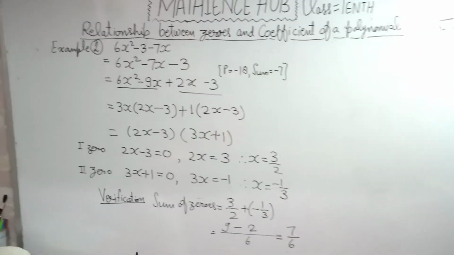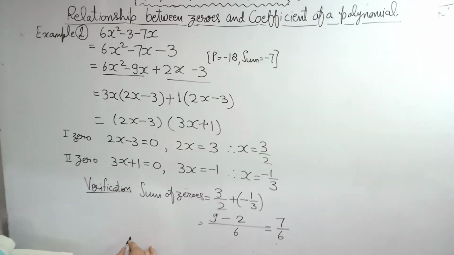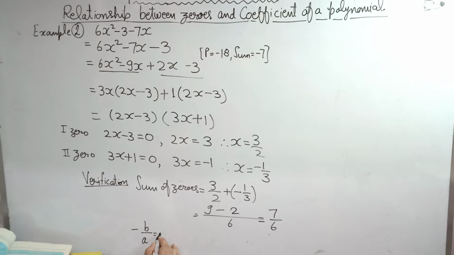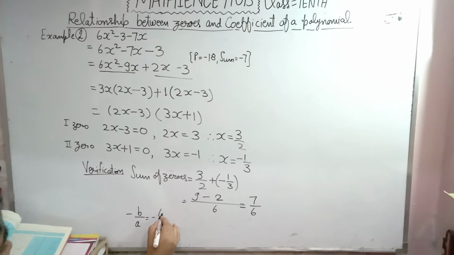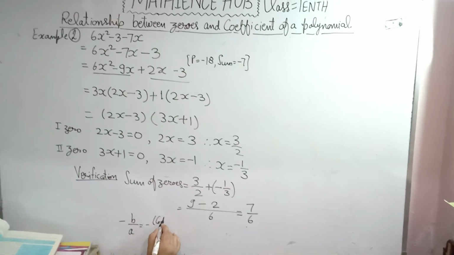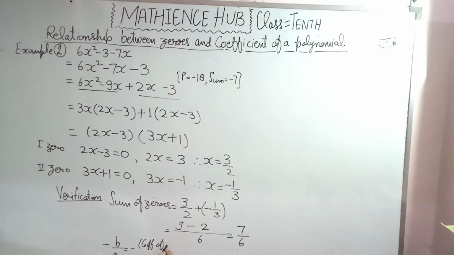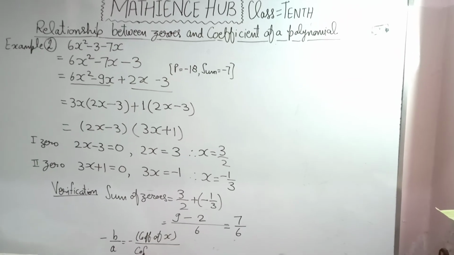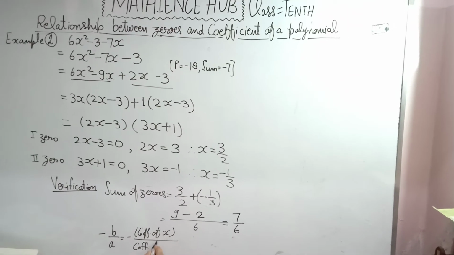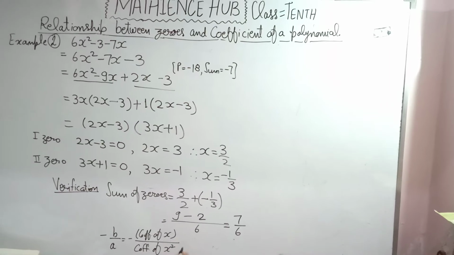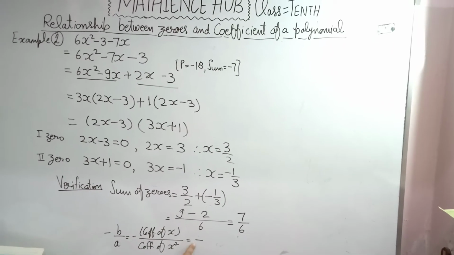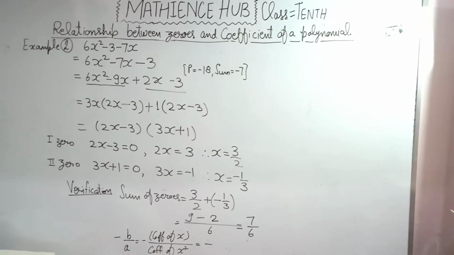And now the formula, minus b upon a. You know b means the coefficient of x and a means the coefficient of x square. Minus in the formula is first, then the coefficient of x.